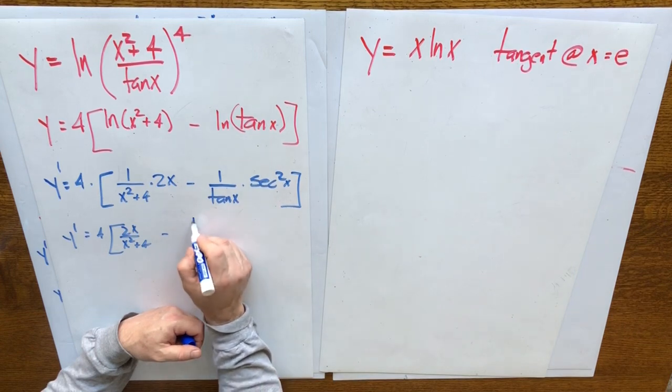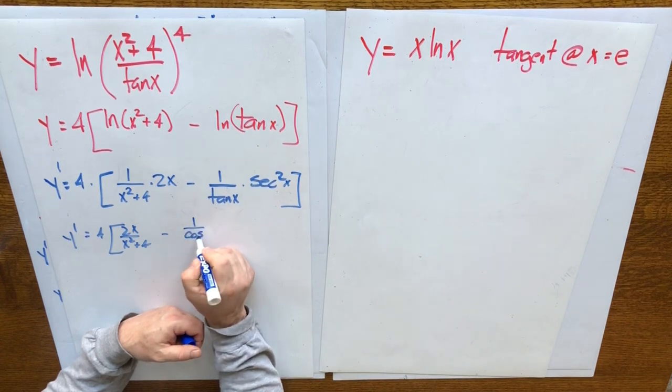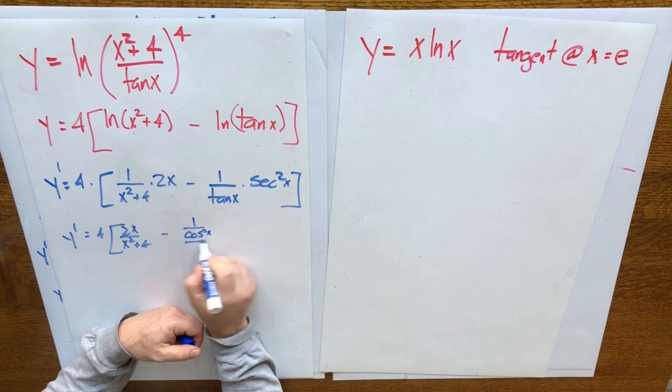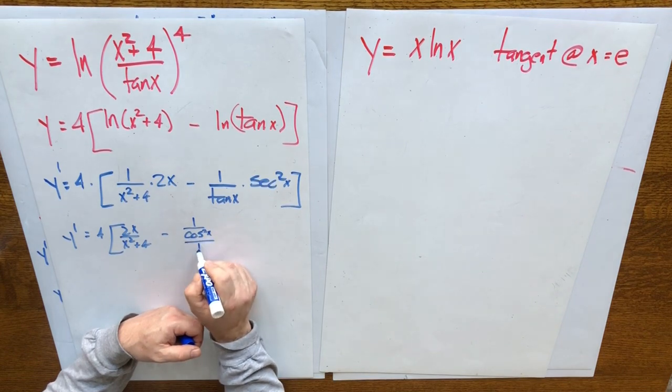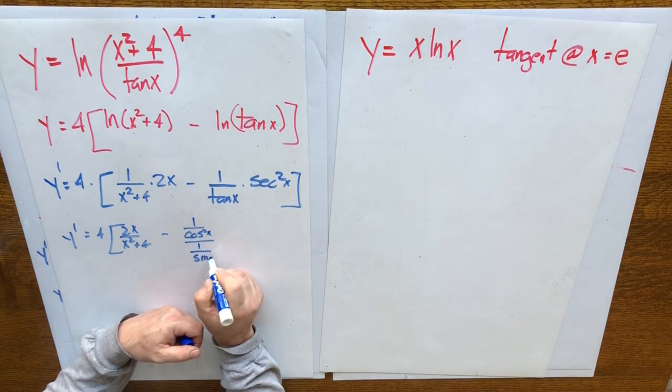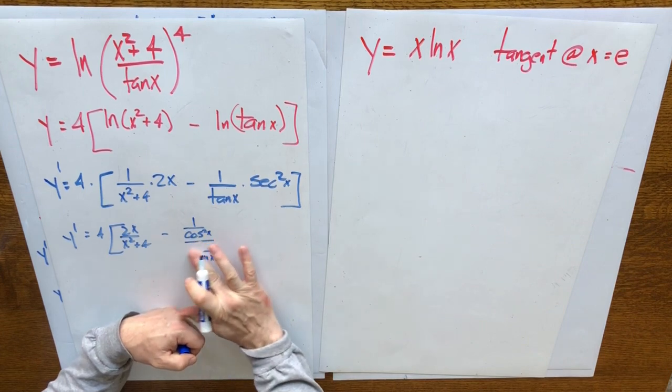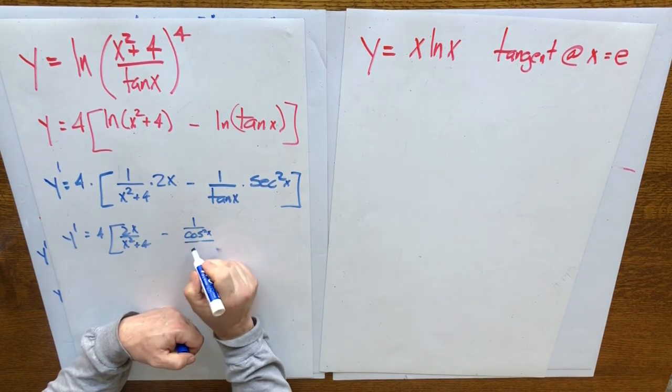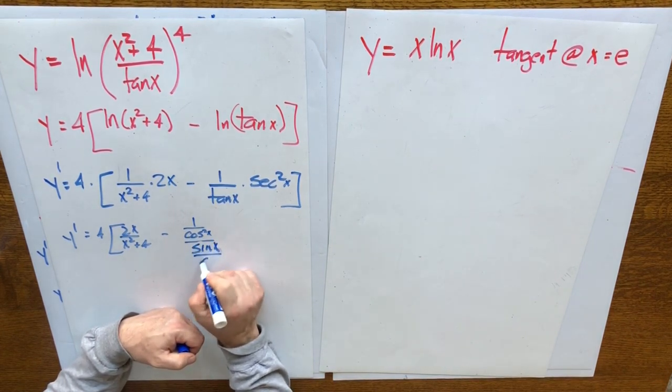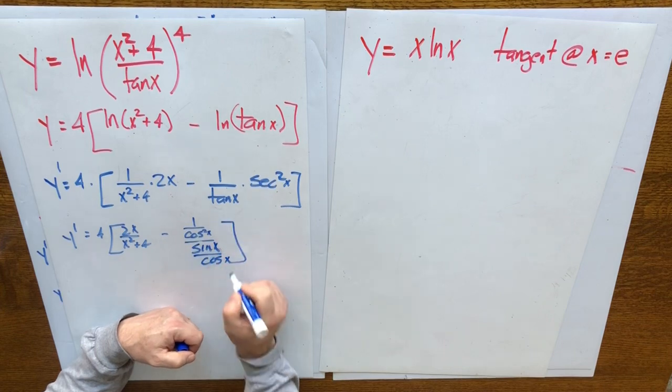Secant squared is 1 over cos squared x all over sine x over cos x.